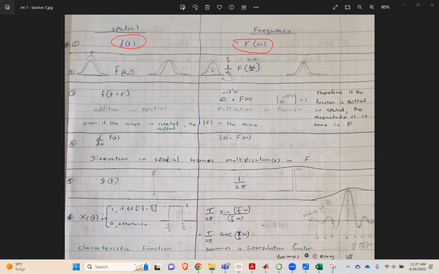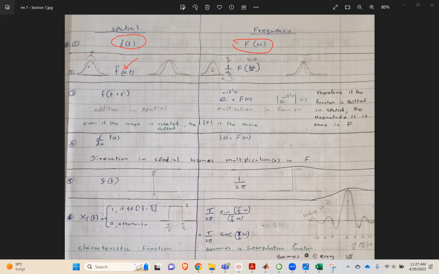So in here, if you multiply by a scalar in one domain, in the other domain it's a division. The function is divided in two places: one is 1 by alpha at the front, then omega divided by alpha. The 1 by alpha part is actually shrinking the height. You can see, if the scale was 2, now it is 1.